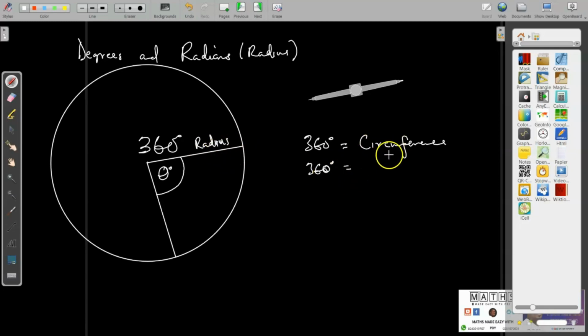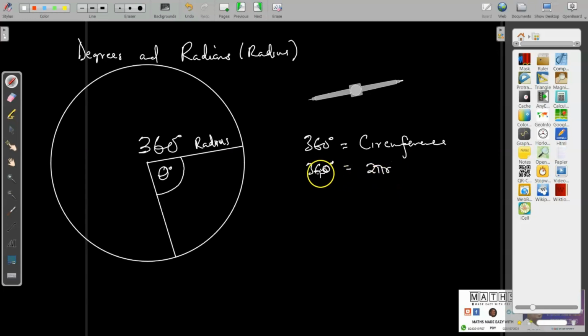Circumference of a circle is given as what? 2 pi r. I've told you, don't chew and pour. Understand and remember easily. So circumference of a circle is given as 2 pi r. Do you see the radius there? Yes, sir. Good. So ideally 360 degrees is equivalent to 2 pi radians.